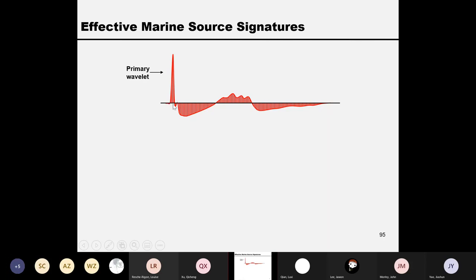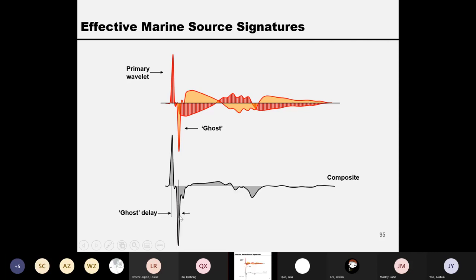This is basically the single impulse, and then the water bubble gradually bubbles out, so you have a lower frequency and it gradually decays. The ghost is just identical to that, but with a -1 and a time delay. So effectively you record a wave that looks like this.